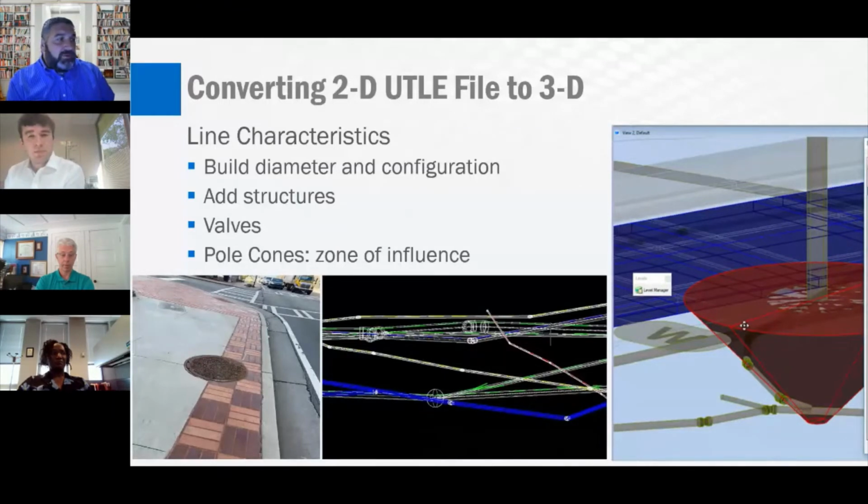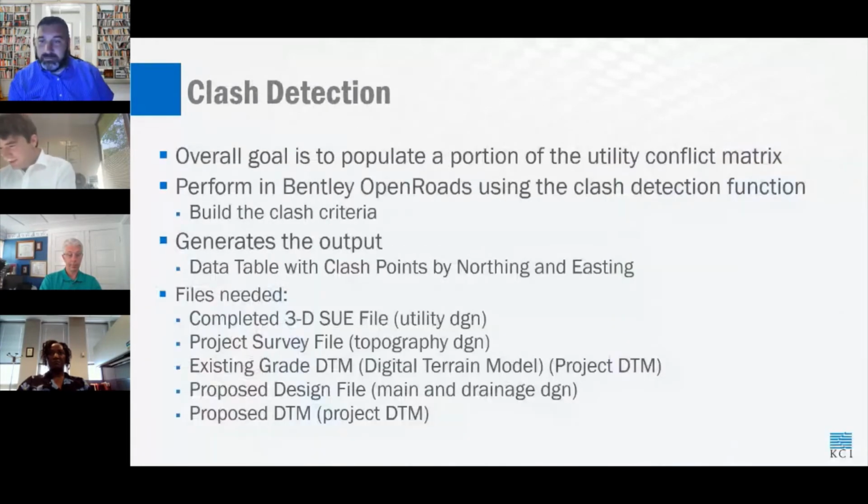One of the big reasons for the effort we're going through to create a 3D utility model is so that we have utility line work that is to scale with how it is out in the field. This allows us to better determine utility conflicts, which we'll get into here in a moment. Evan? Thank you, Joseph. So once we've got a 3D utility file, we can then start putting it to use determining utility conflicts.